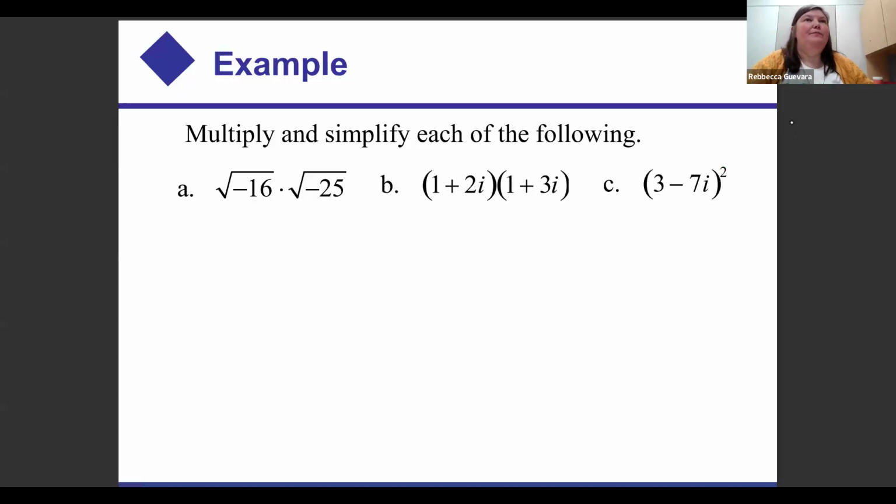So for example, let's say we have these two numbers. Well, we know, because we already found it once, that the square root of -16 would be 4i, and the square root of -25 would be 5i.